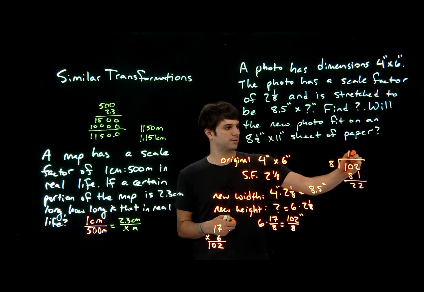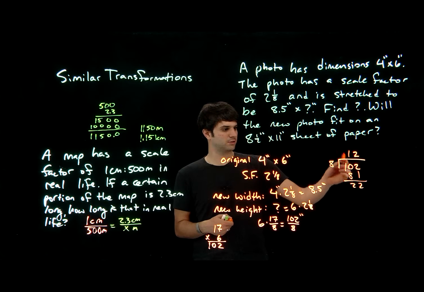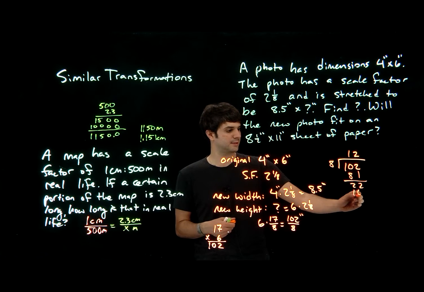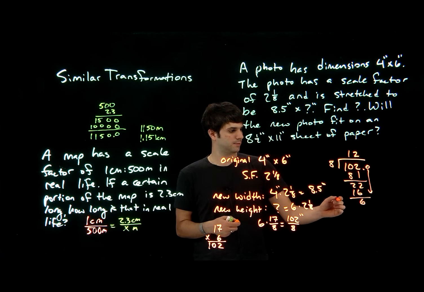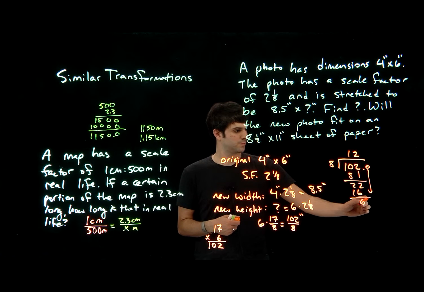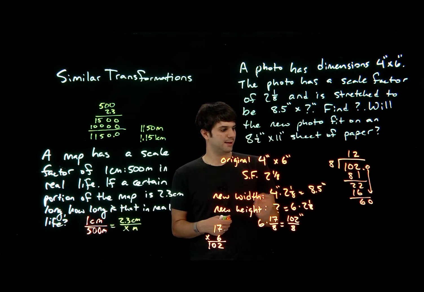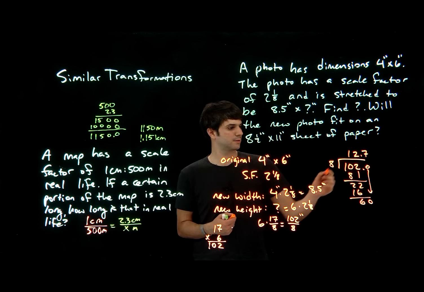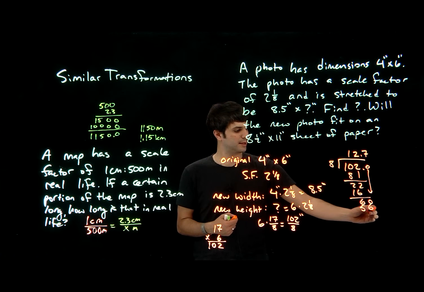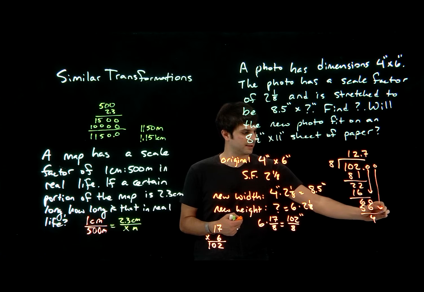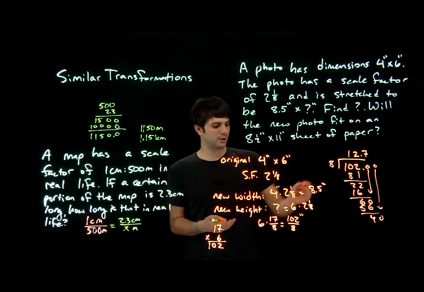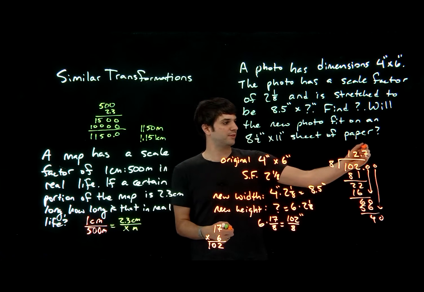Then 8 goes into 22 twice, so 16, leaving 6. Then 60. 8 goes into 60 7 times, and that'll be 56. We can keep going on and on, but basically we know that this is going to be about 12.7 inches.